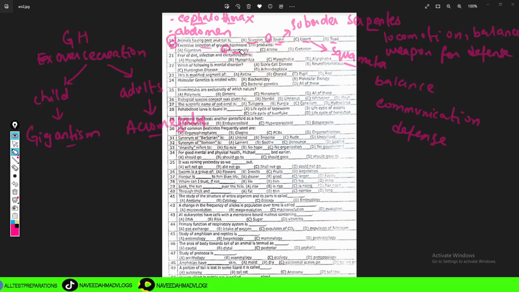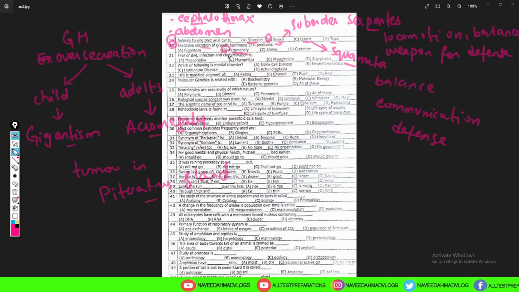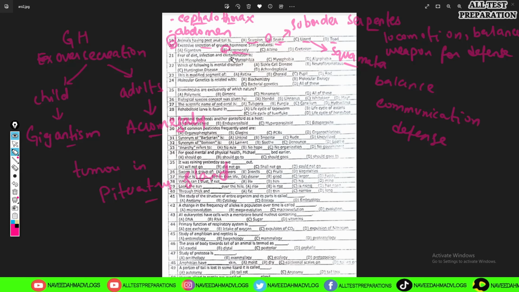Excessive secretion of growth hormone is caused by a tumor in the pituitary gland, especially in those cells which are responsible for the secretion of growth hormone. So excessive secretion of growth hormone causes acromegaly and gigantism both. So option B is the correct option in question number 20.